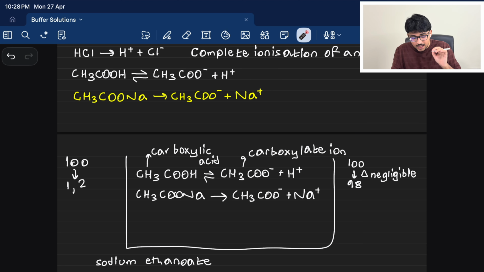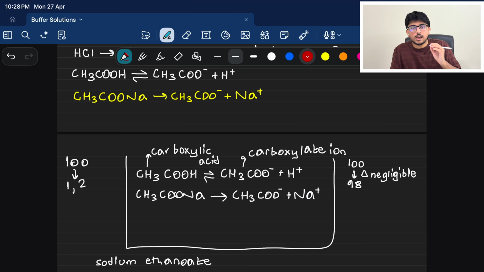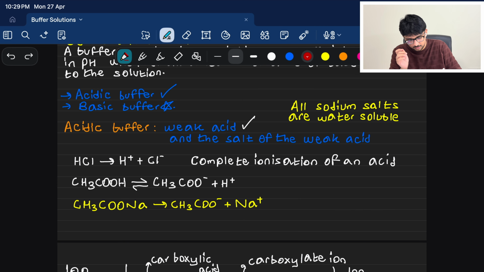Now, remember, and write this somewhere in your notes, if the reaction is irreversible, meaning it only has a forward reaction and there's no backward reaction, in that case, you can use stoichiometric ratio.